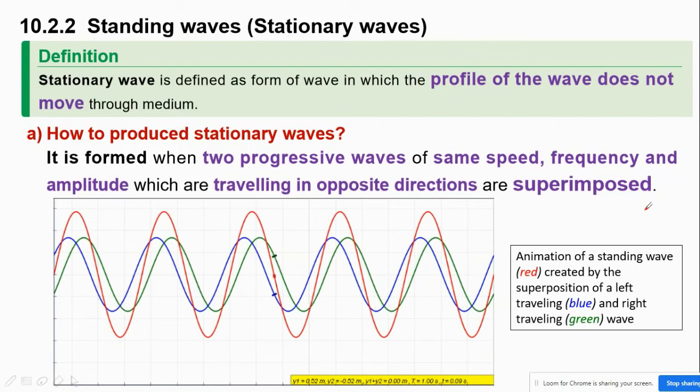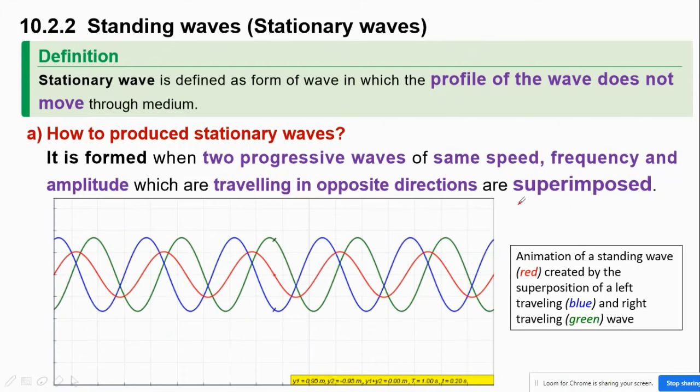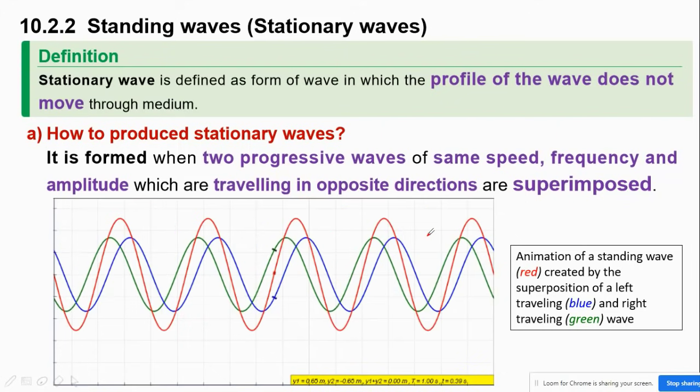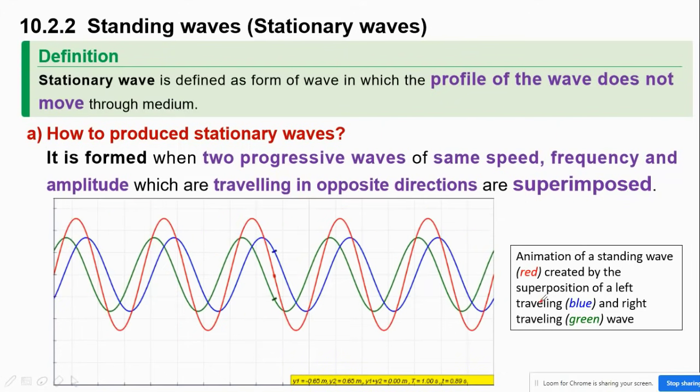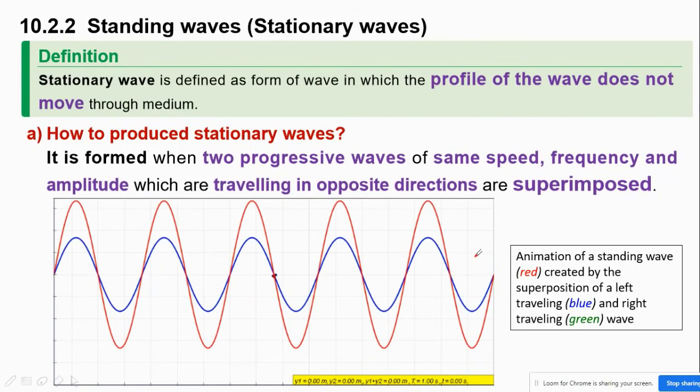This animation shows the formation of a stationary wave, indicated by the red wave, created by the combination of two progressive waves, one blue and the other green.